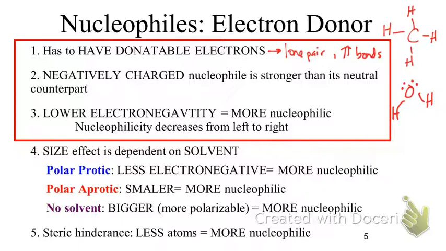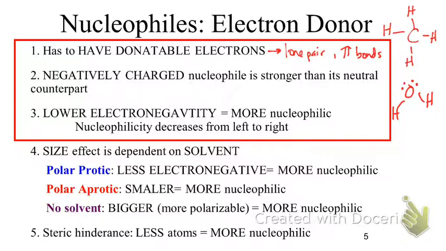To donate the electrons. I don't want to hold on to them. So if I'm going to look at nucleophilicity and compare it to electronegativity, typically the lower the electronegativity, the more nucleophilic. So let's go back to methane versus water. Which atom is likely our best nucleophile in either case?